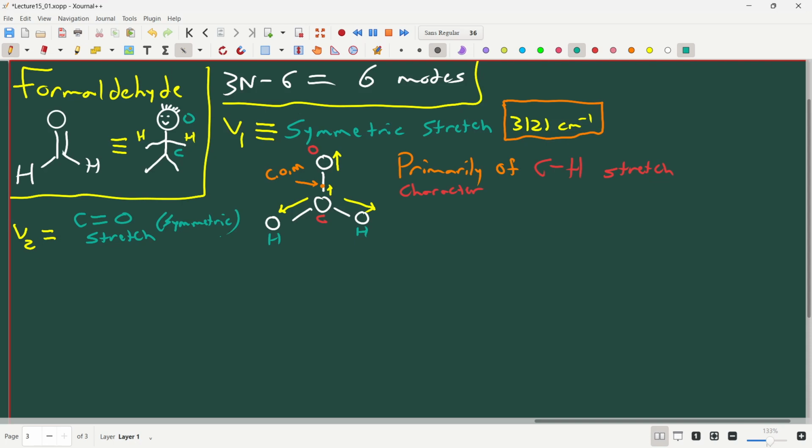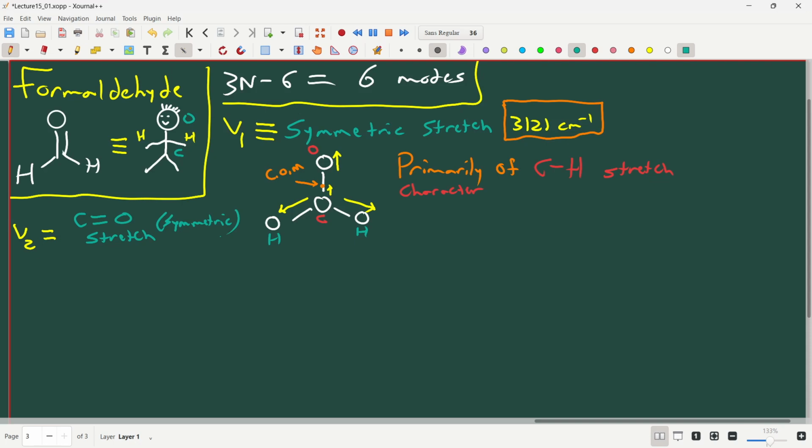And it's very, very intense. It's almost always very intense because let's consider in formaldehyde, for instance, what's the primary component of the dipole and the charge distribution of this molecule? Well, it's the C and the O. The O is that big, massive electronegative species, a bunch of lone pairs. And the carbon is electrophilic, it likes to accept a nucleophile to attack it, and so that carbon is positively polarized.